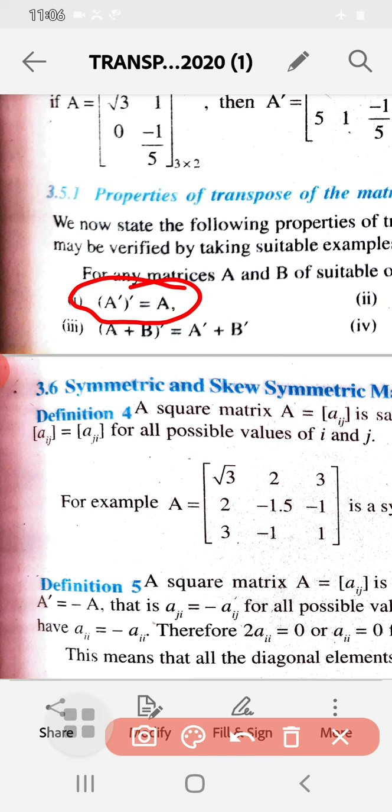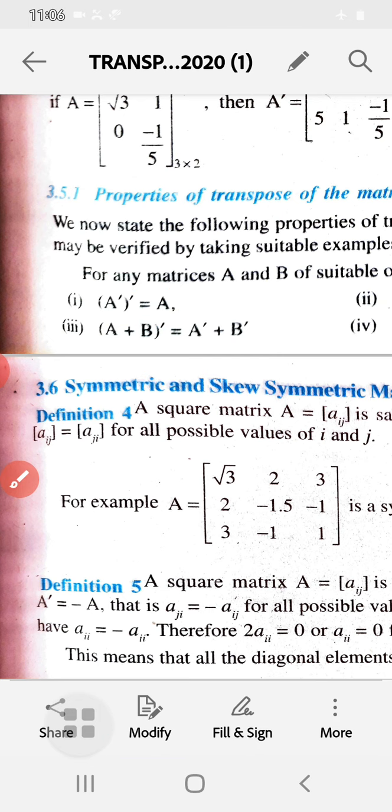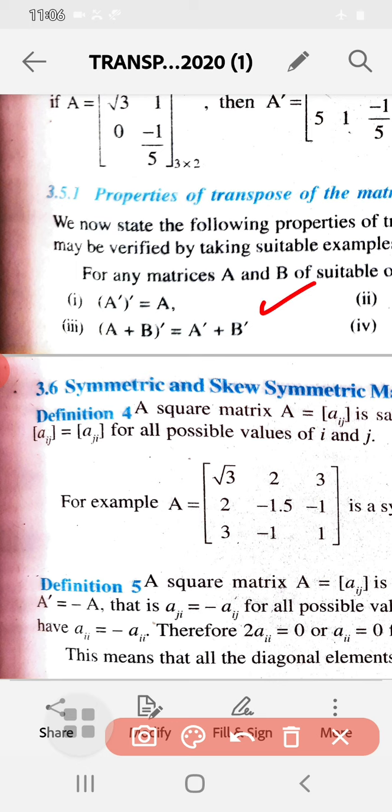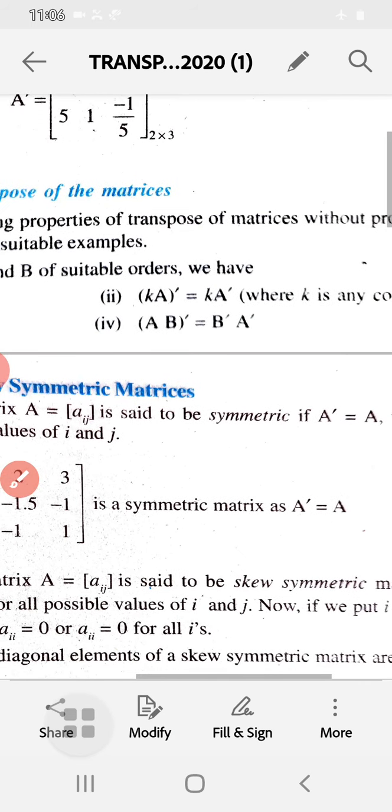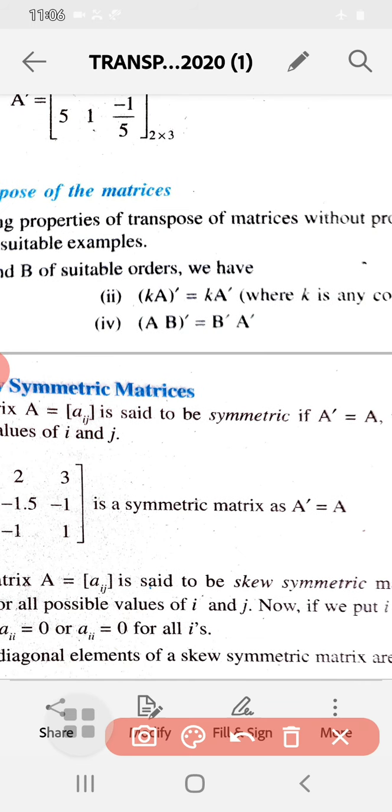A dash whole dash is equal to A. That is the first one. The second one is A plus B whole dash is equal to A dash plus B dash. Then if K is a scalar, then K A whole dash is equal to K into A dash. Then A B whole dash is equal to B dash into A dash.